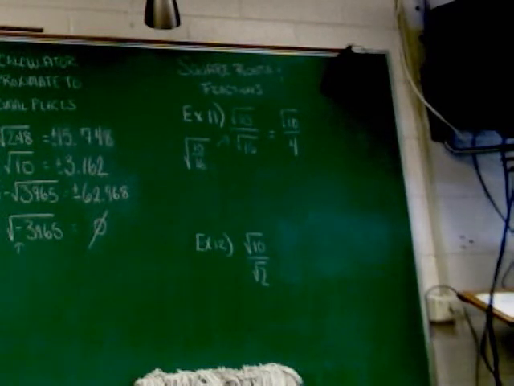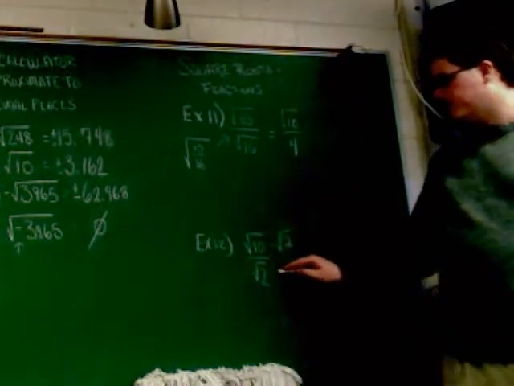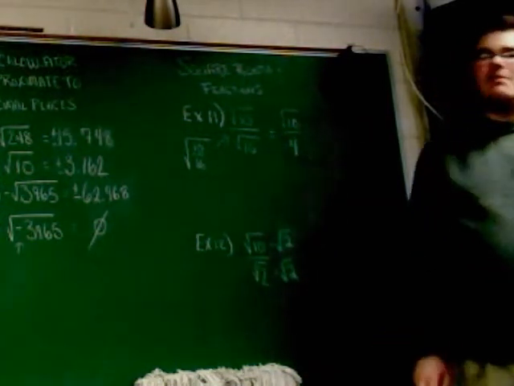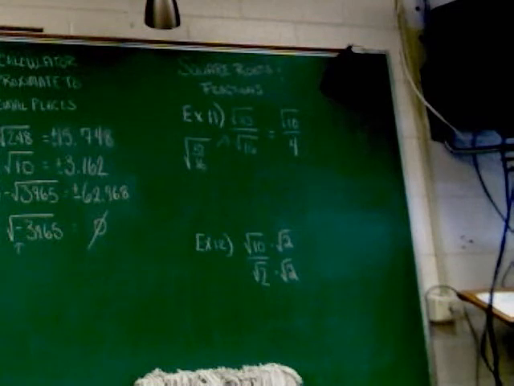So, I'm going to multiply both the top and the bottom by the square root of 2. If the bottom was the square root of 8, I'd be multiplying everything by the square root of 8. If the bottom was the square root of 1,507, I'd be multiplying by the square root of 1,507. Whatever. They multiply just like regular numbers.